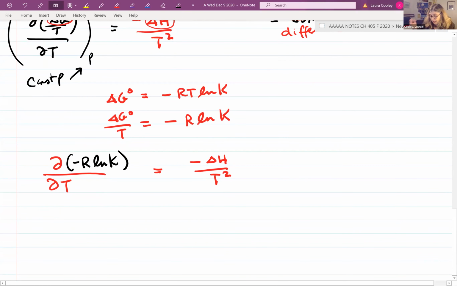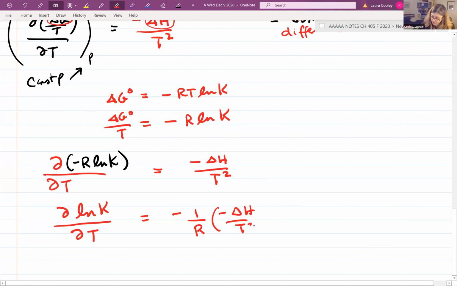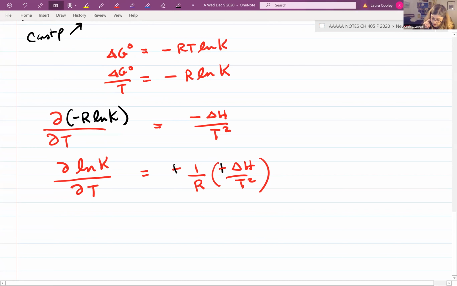And then the negative R, I'm just going to move to the other side. So I have the derivative of the log of K with respect to T equals negative 1 over R times negative H over T squared. And so I'm going to end up with a positive change in enthalpy. This is standard conditions, so I had a delta G0 here, then it's delta H0.